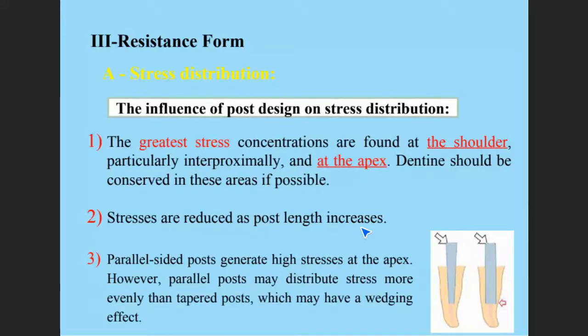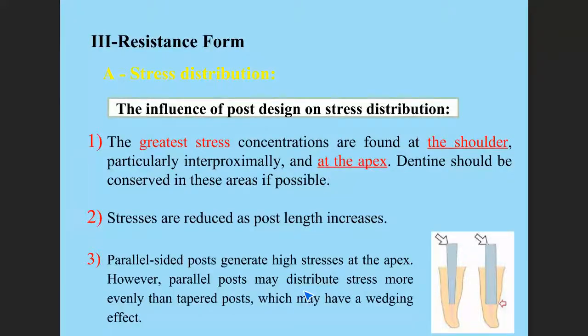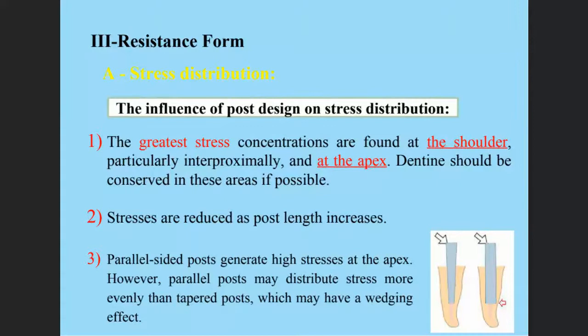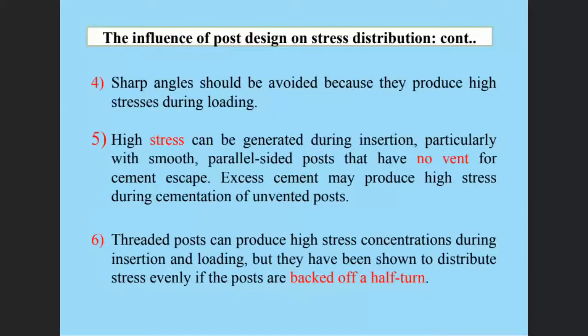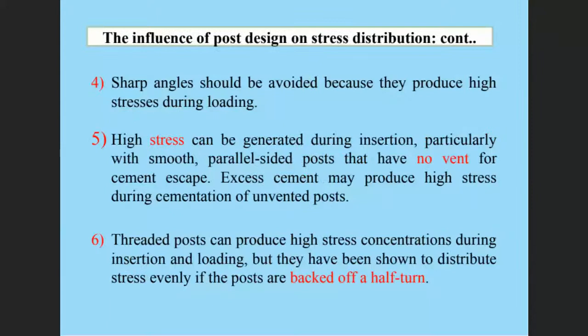The parallel sided post generates high stress at the apex, but parallel sided posts distribute stress more evenly than tapered posts, because a tapered post has a wedging effect. And remember also that a parallel post can't be used with a tapered root because it will increase the possibility of fracture. Sharp angles also should be avoided because they will act as stress areas.